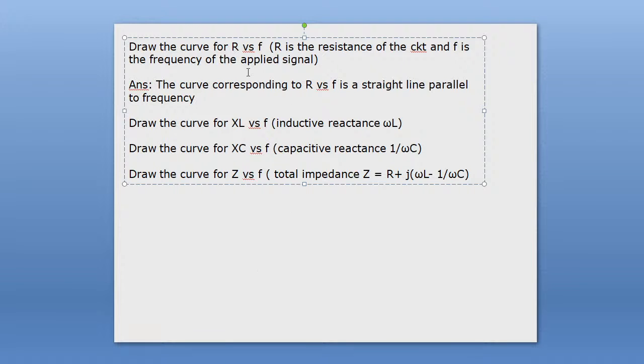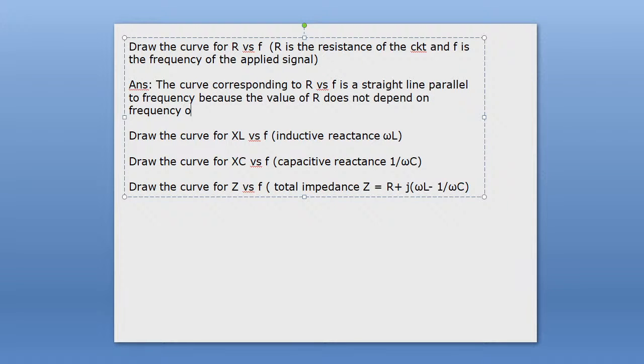You see the curve corresponding to R versus F is a straight line parallel to frequency, because the value of R does not depend on the frequency of the applied signal.